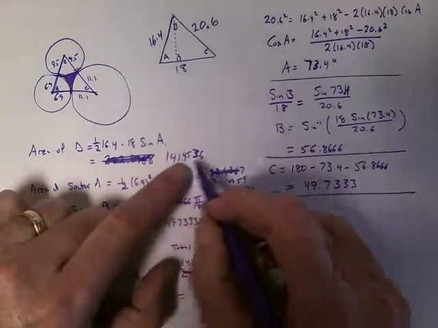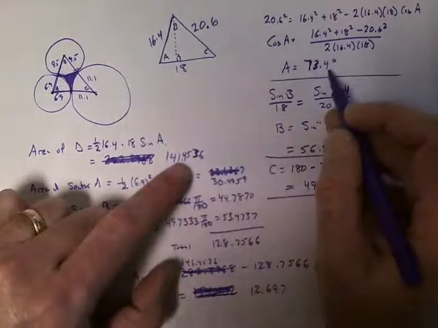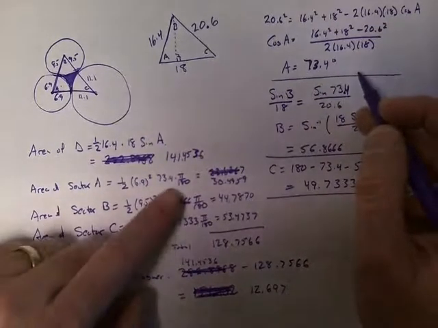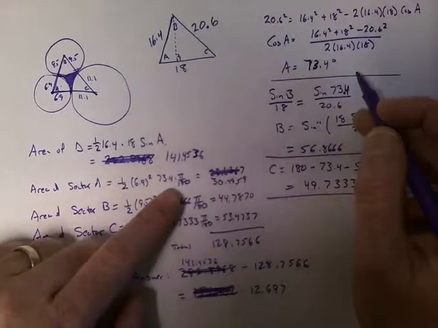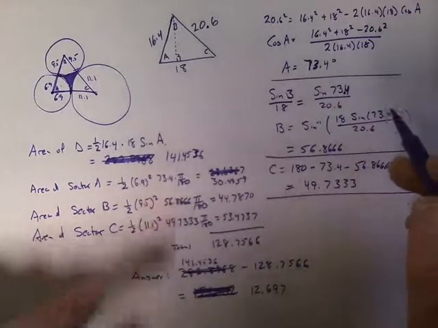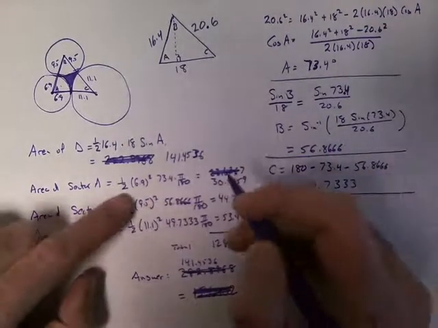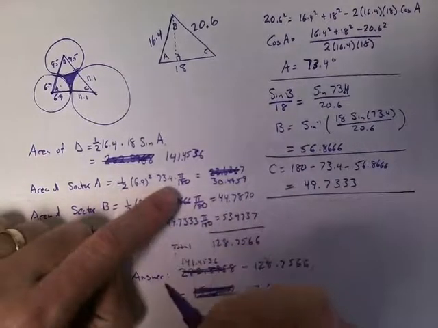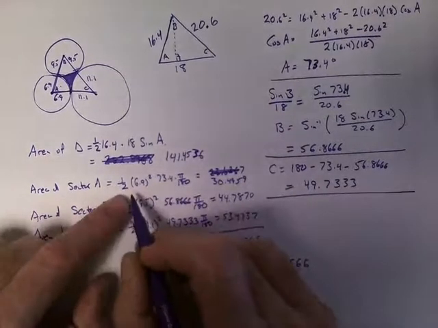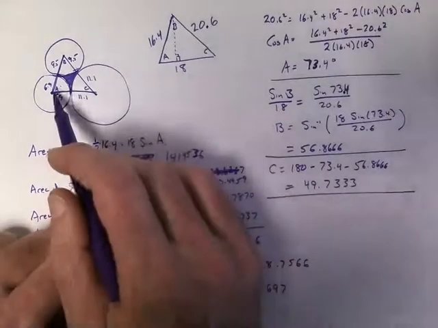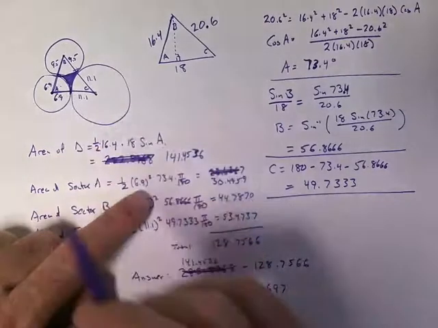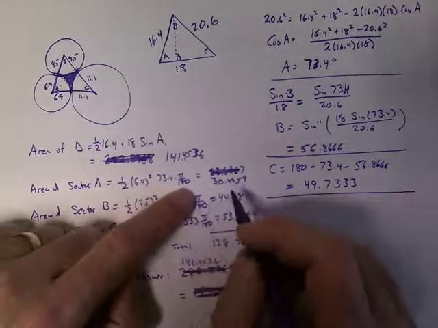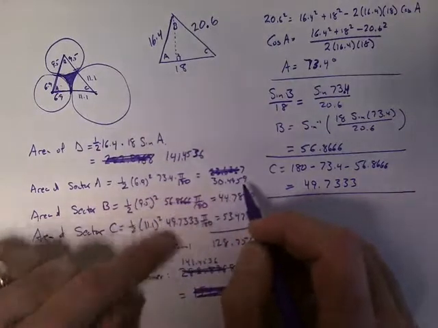This is not quite right, because again, I'm using that 73.4, which is rounded. I didn't carry enough decimal places. Anyway, so now the areas of the sectors are 1/2 the radius squared times the angle in radians. So doing this one over here, 1/2 times 6.9 squared times that angle converted to radians is 30.495, whatever.